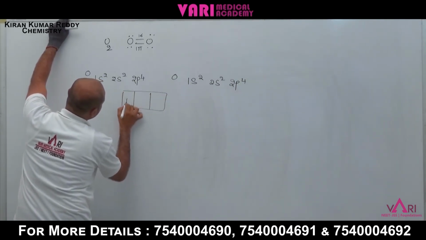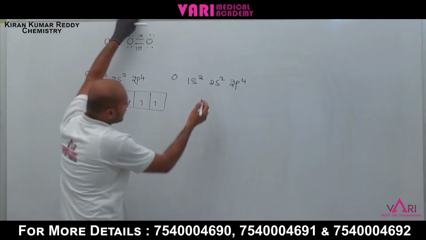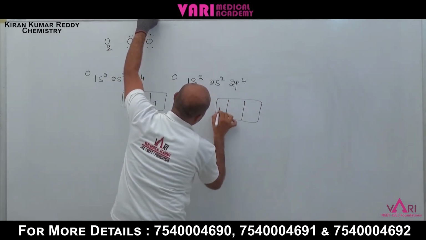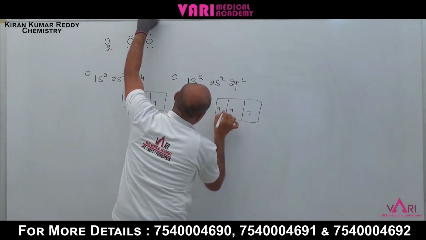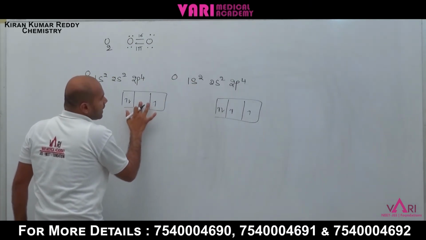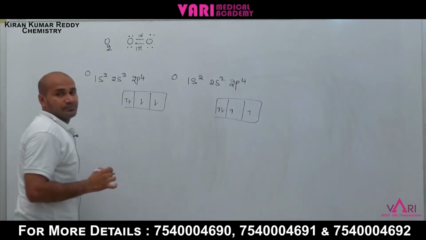Now 2p4 means 1, 2, 3, 4. Next one, here also you can take 2p4 configuration, 1, 2, 3, 4. But half-filled orbitals with opposite spin only overlap.